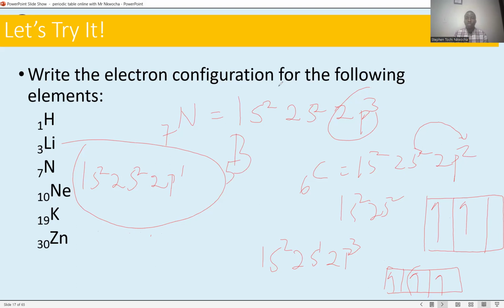So that means 1s2, 2s2, 2p1. You see, boron is going to be a metal. Very simple. Just like aluminum, 1s2, 2s2, 2p6, 3s2, 3p1. So very, very simple. When they get to p2, that's when you begin to talk about metalloids. They are beginning to move around.